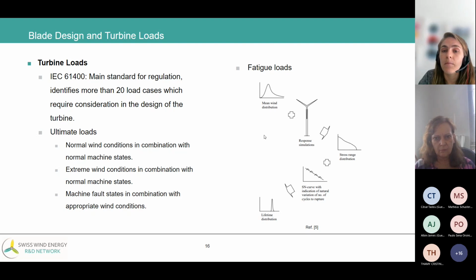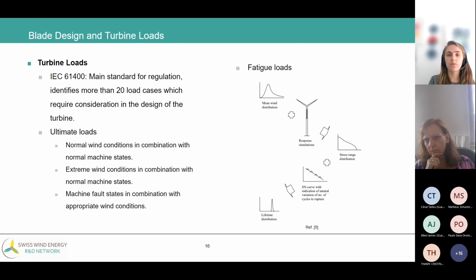But on a wind turbine, maybe the biggest load will not be the load that has the biggest impact on fatigue, because you also need to remember, once you are doing the calculation of fatigue, that you have a wind distribution, which means usually you have a bigger number of hours of wind for lower wind speeds than for big wind speeds. And even though you have higher loads at the big wind speeds, for the small wind speeds, you have more hours.